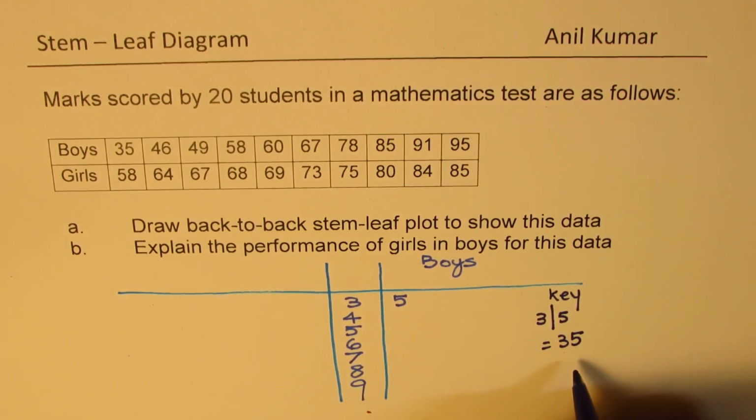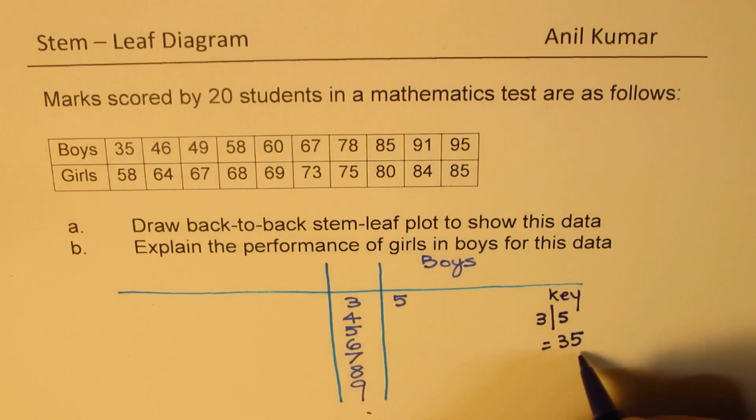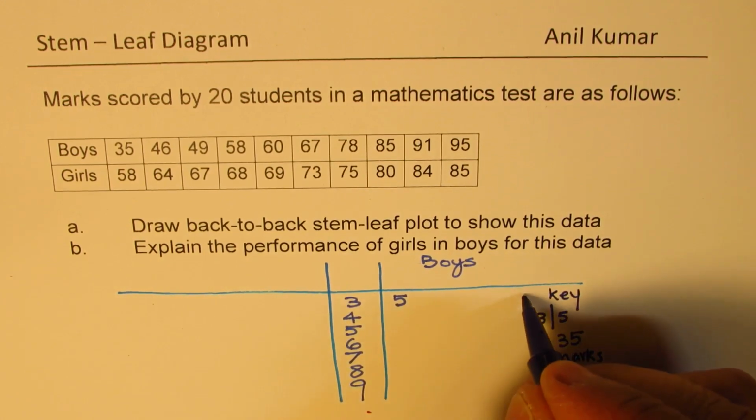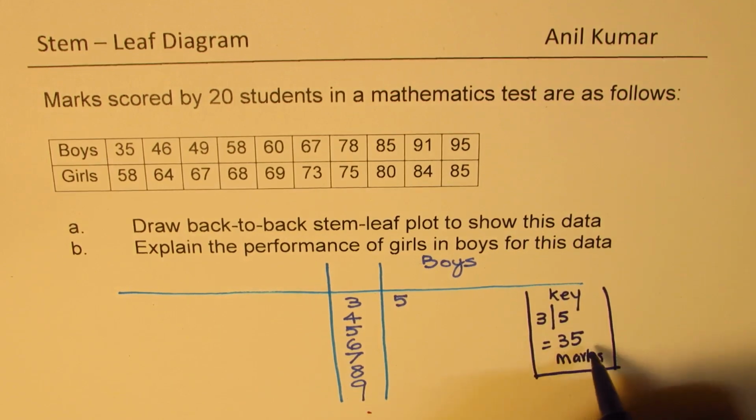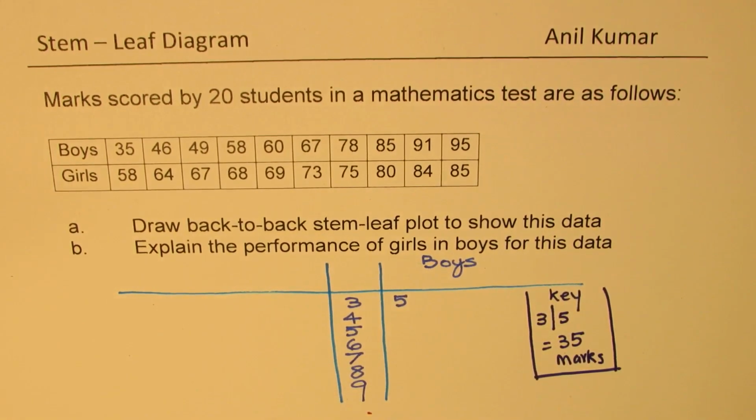So in this case, it is 35 marks. So marks scored, so we'll write 35 marks. So that becomes the key. It is important to identify the key. Without that, this is not really meaningful.